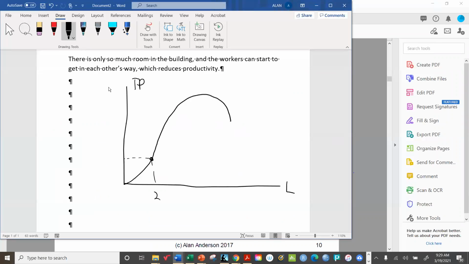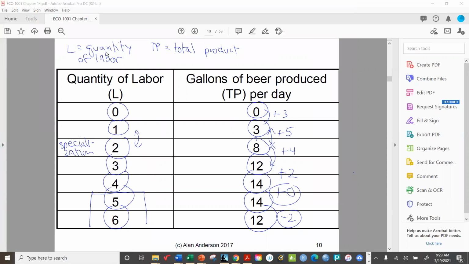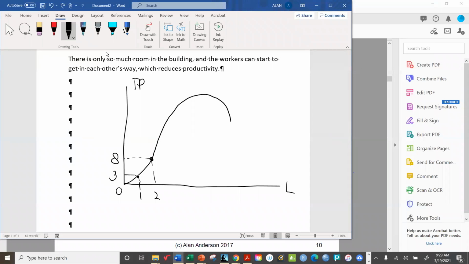Okay, 8. With 1, it was only 3. And then with 3, let's say it went up to, from 3 to 8 to 12. That's what it was. Okay, so 12, let's say it's right about here.